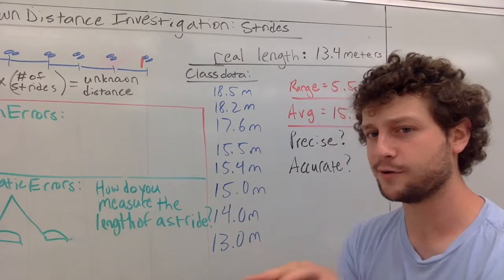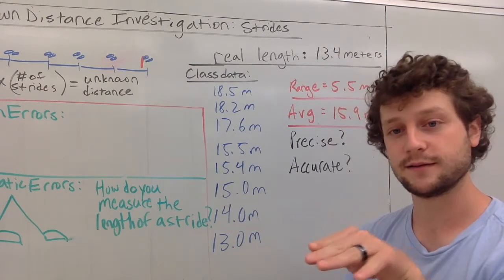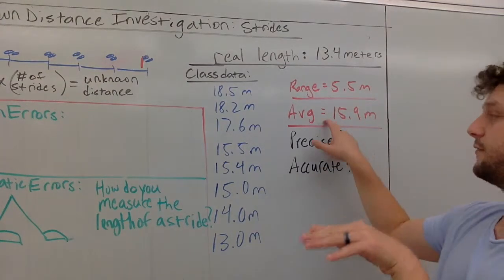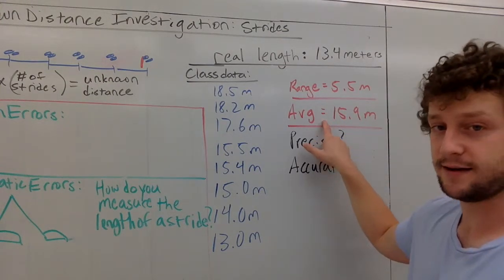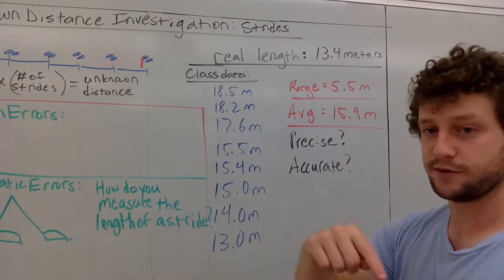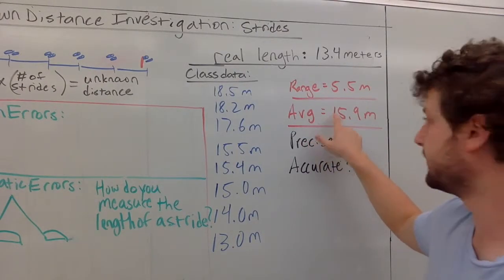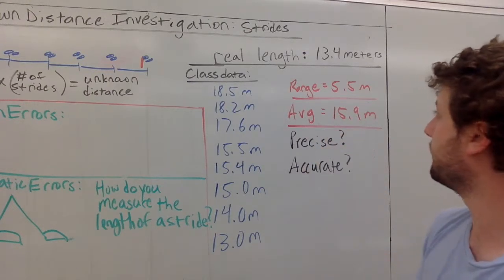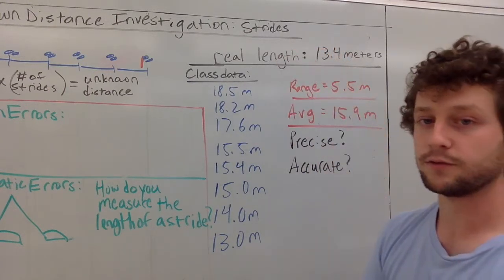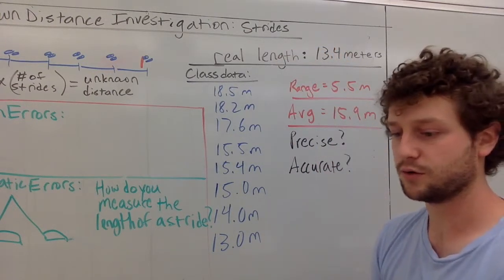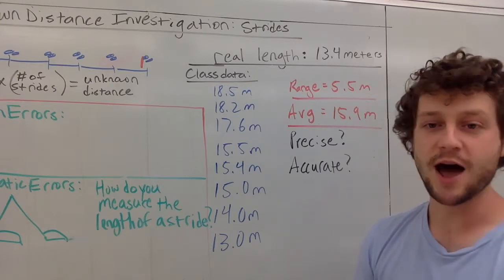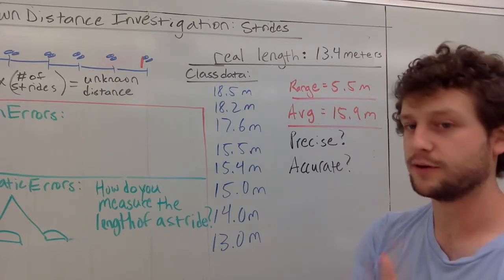So we know the average and the real length were different, right? I took an average of this data, and you could go back and do it for your lab too. The average is 15.9, much greater than the real length. So our measurements are not centered around the real value.